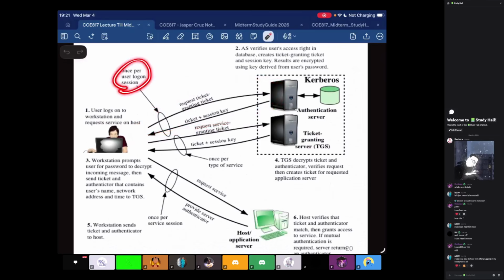The user logs in once per logon session. Once it logs on and requests its first key, for any other communication that needs to be made with the Kerberos system or the authentication server, you don't need to log on again. You just have to start requesting keys as it does here, and you will get back the ticket and the session key respectively for the action that needs to be performed.